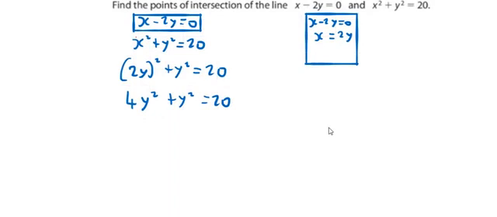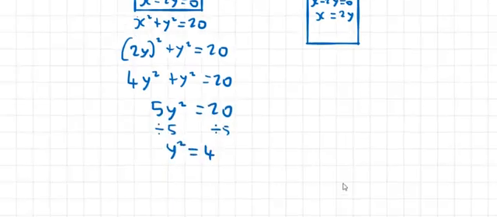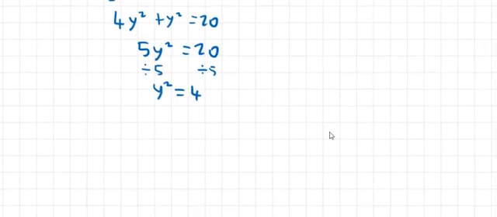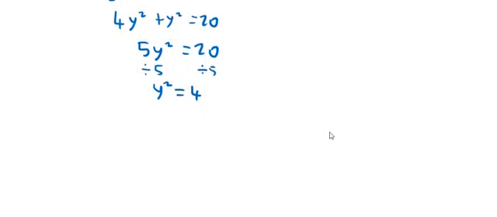So 4y squared plus y squared is 5y squared equals 20. Then I can divide by 5, so y squared equals 4. Now we're actually going to get two answers here for y.